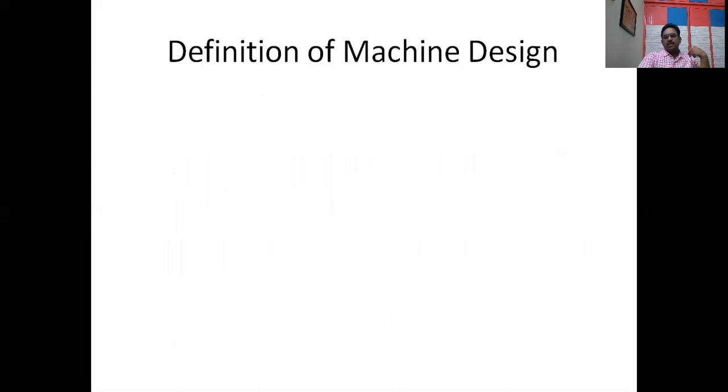So let us try to define machine design, because design can be in many areas, but we are talking about design of machine elements, particular to mechanical engineering. Let us try to give a proper definition for machine design.